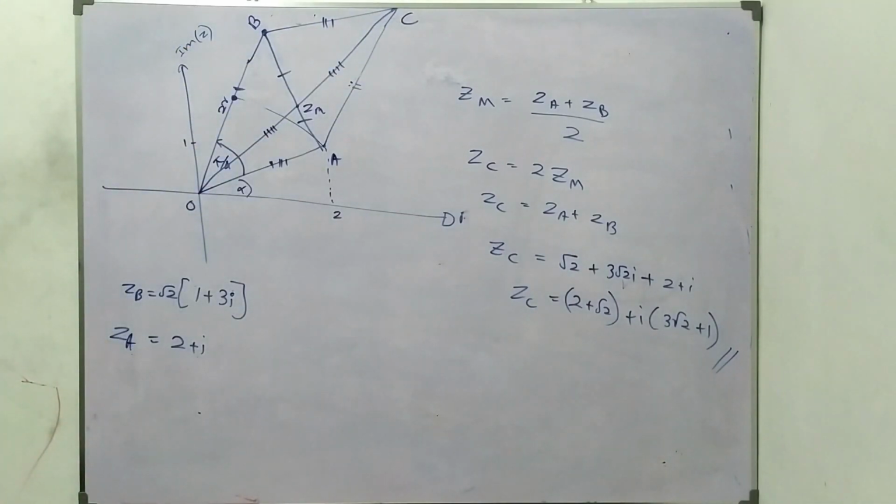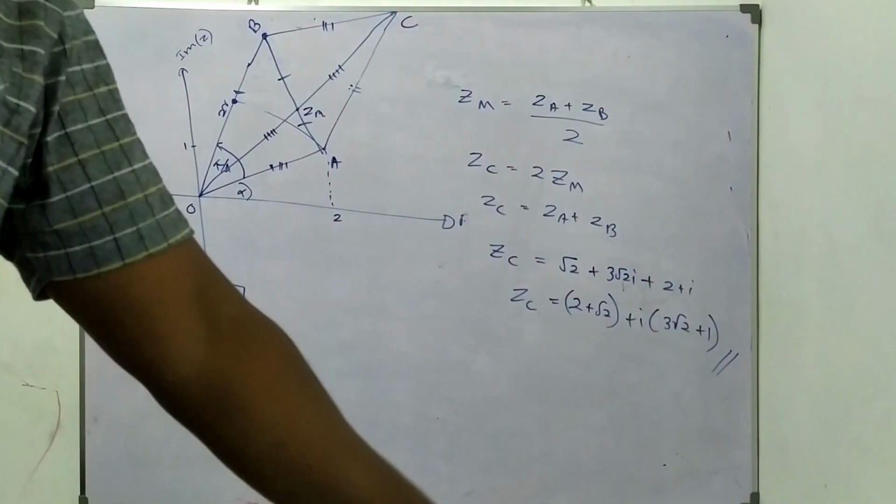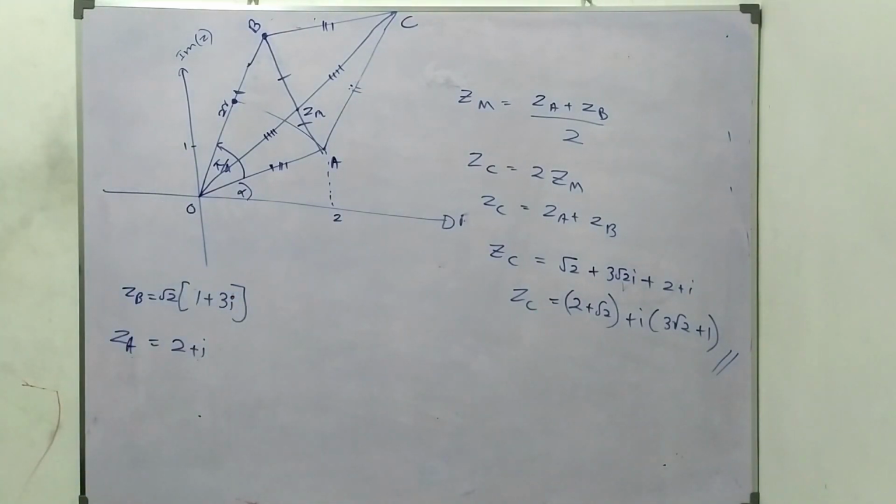Okay, this is about the rotating parts in our complex number. So now we have discussed all the theorems, all the parts in our complex number. At the end of the video, I upload the answers of the homeworks.